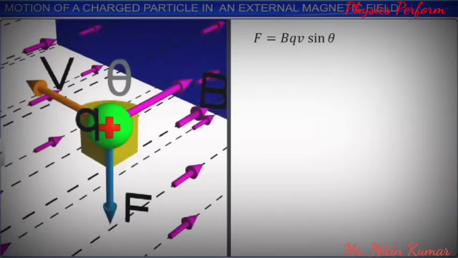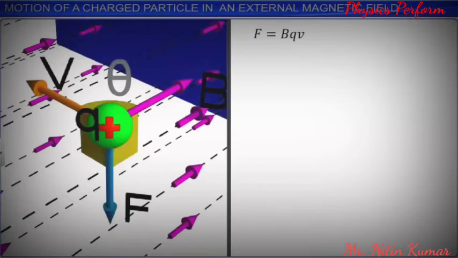Since, in this case, theta is equal to 90 degrees, sin 90 is 1, and hence the force is denoted by F is equal to BQV. We know that when an external force acting on a body is perpendicular to the motion of the body, the work done on the body is said to be zero.